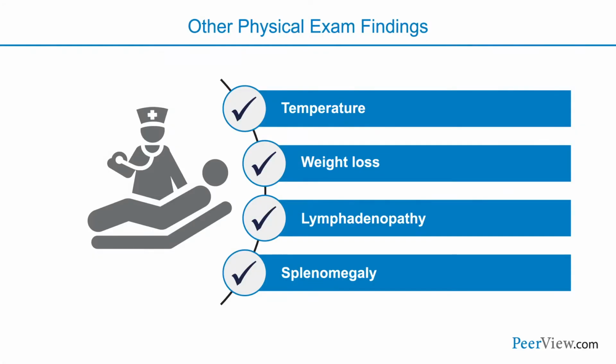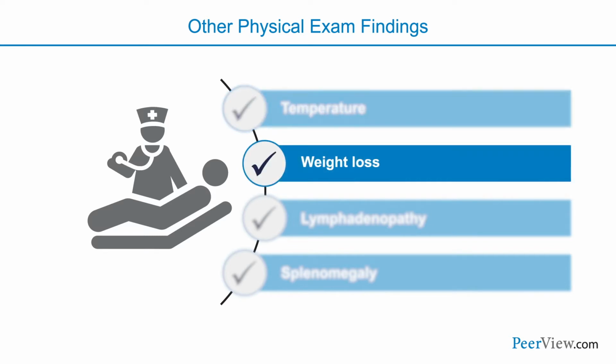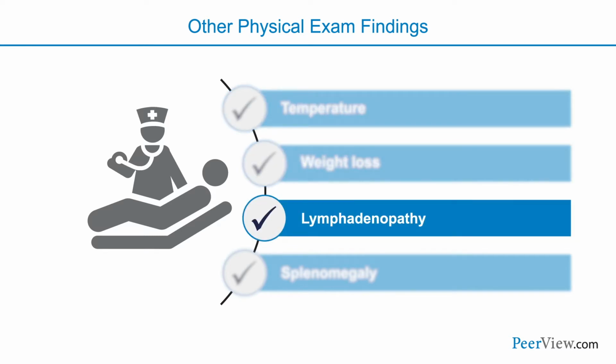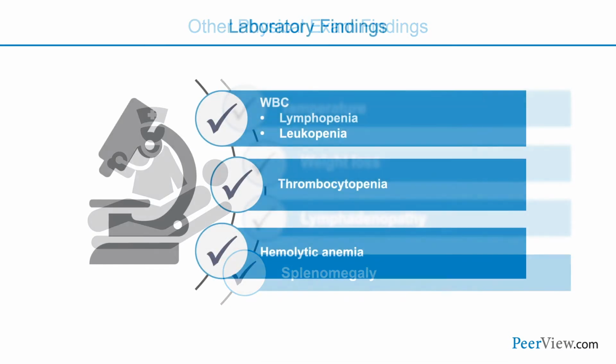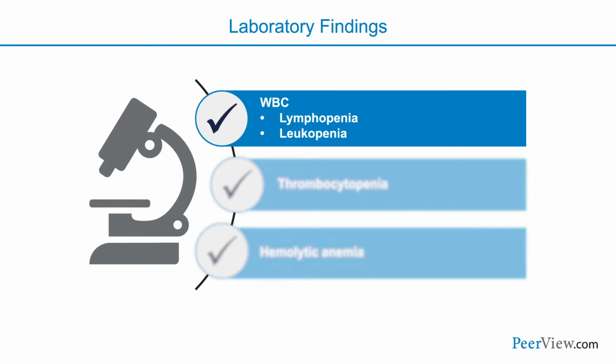Other physical exam findings that are important are a temperature of 101 or greater, weight loss, lymphadenopathy, which we often detect in the cervical region but can occur also in the axillary, inguinal, and femoral regions, and splenomegaly. Laboratory findings that are early clues include the hematologic cell lines.